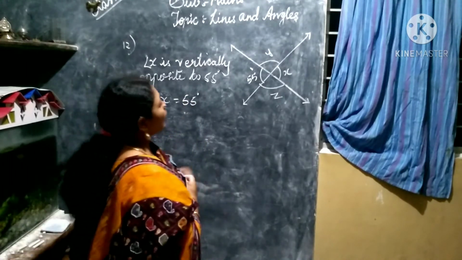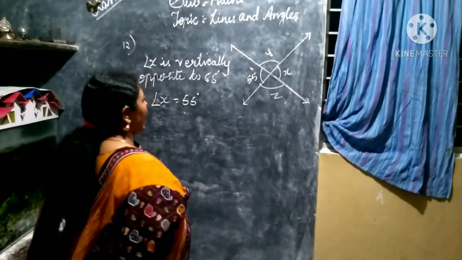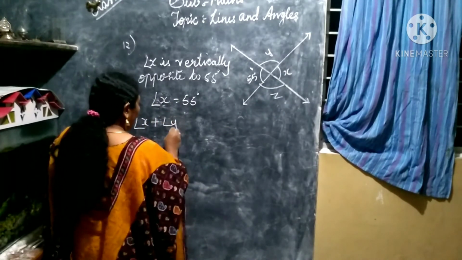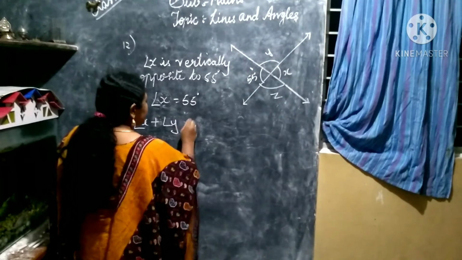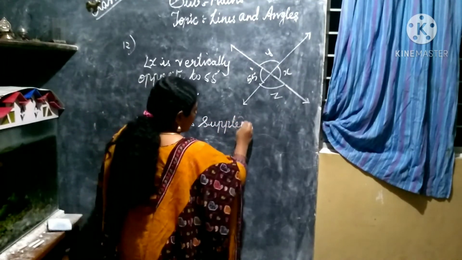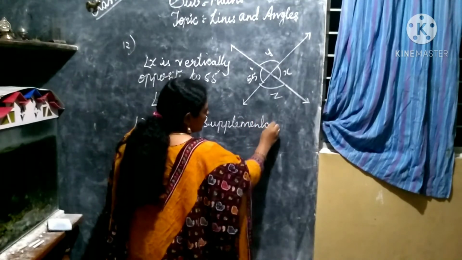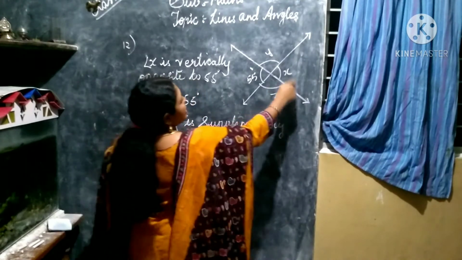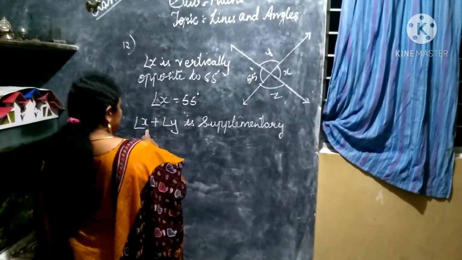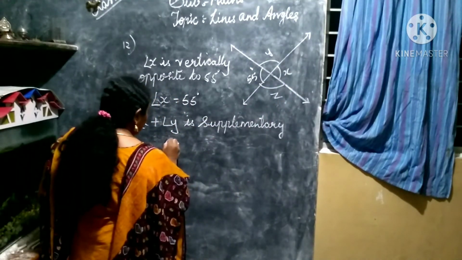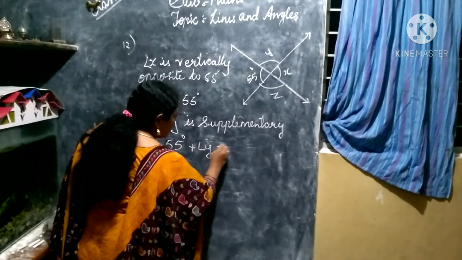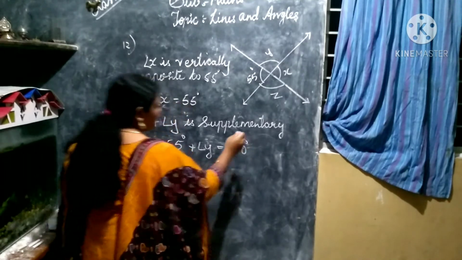So we got the value for x, and angle x plus angle y is supplementary, isn't it? They both together form a supplementary angle. Already we got angle x, so angle x, 55 degree, plus angle y will give you 180 degree.